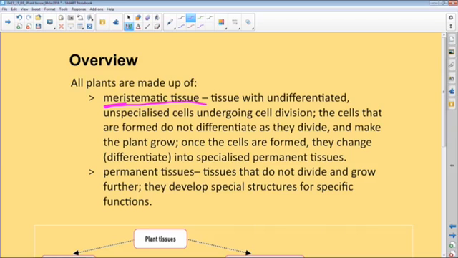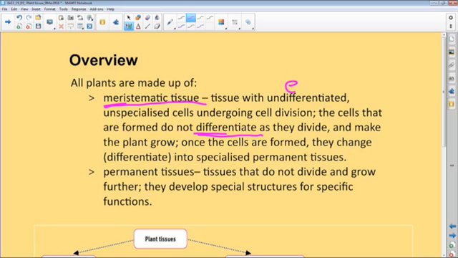Here you'll see the word differentiate. The word that we often use is embryonic, and what embryonic means is cells that have the ability to change and become different cells. And what we're going to call those then are permanent tissue.